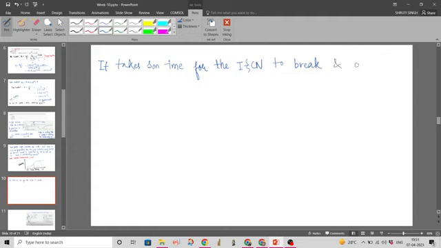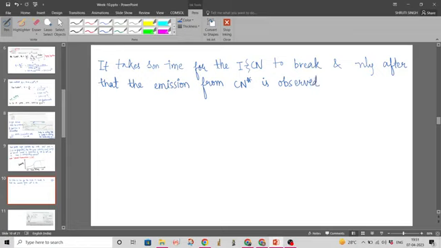And only after that the emission from the CN star is observed. So in this graph we had a rise.